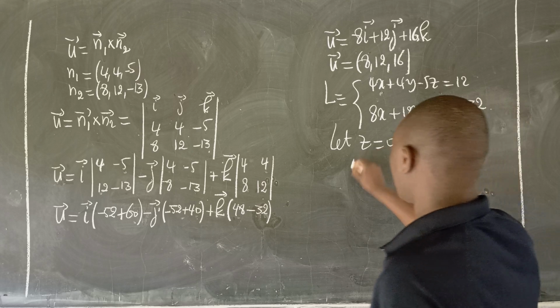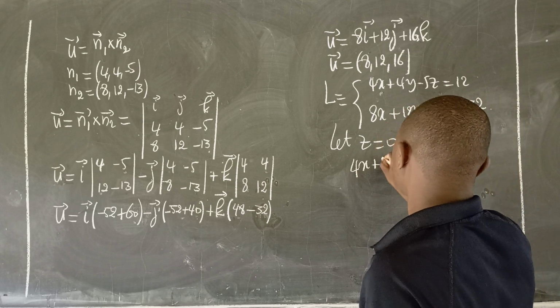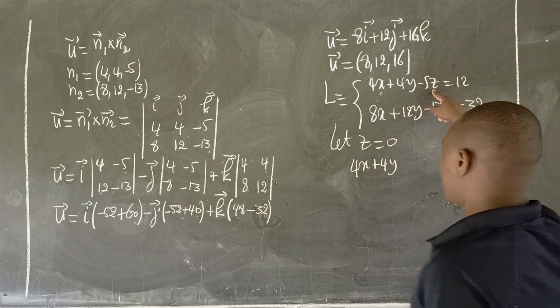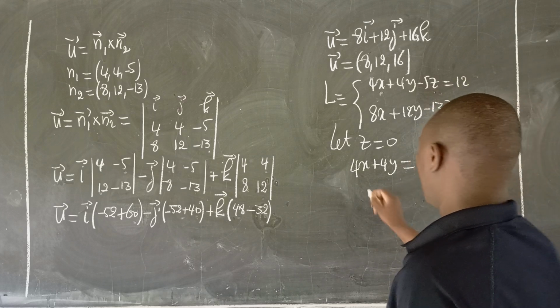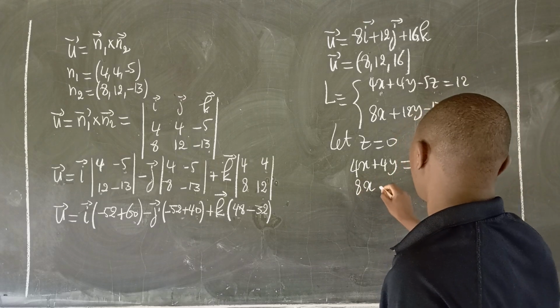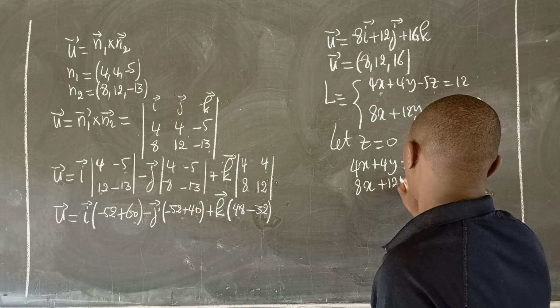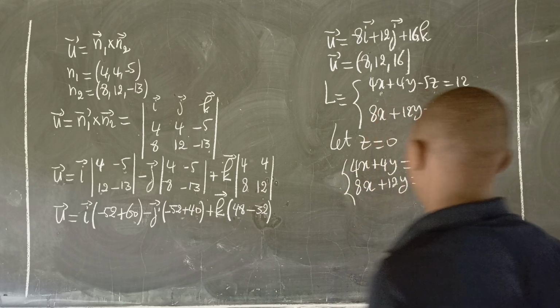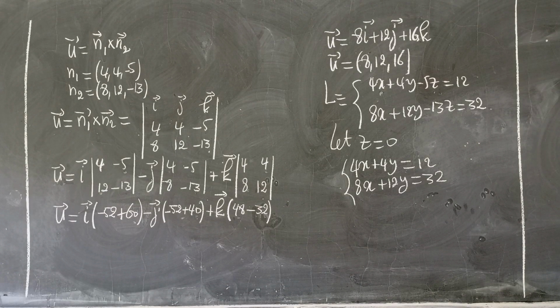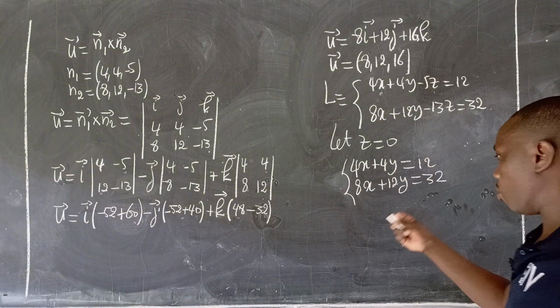We stay with the equation 4x plus 4y, because z here is 0, which is equal to 12, and here 8x plus 12y, which is 32. Both these two equations can be divided by 4.